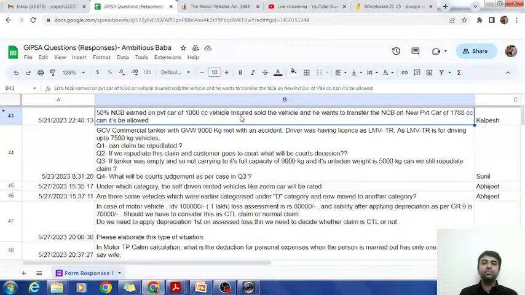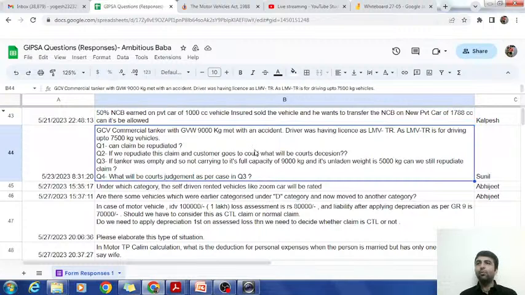Next question is: GCV commercial vehicle tanker, GVW 9000 kg, met with an accident. Driver was having... Okay, let us name it as question number 2. And I want all of you also to answer this question in the chat box. While I read this question, you can also answer it in the chat box.